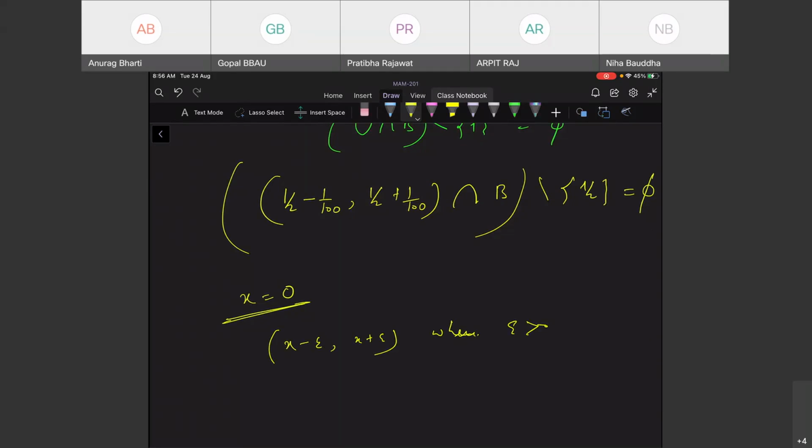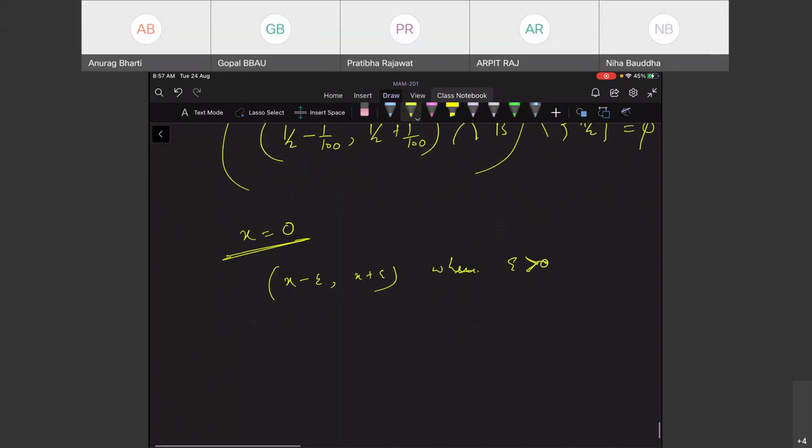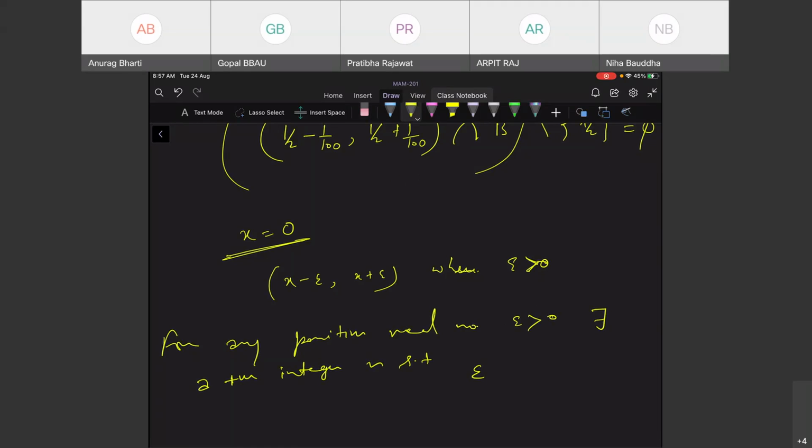And you know by the Archimedean property, for any positive real number epsilon, there exists a positive integer n such that epsilon is greater than 1 by n.